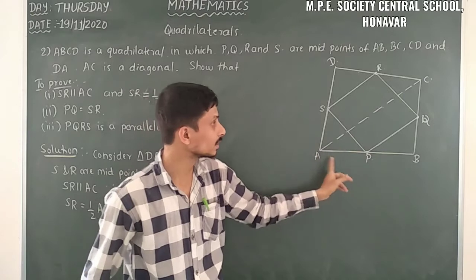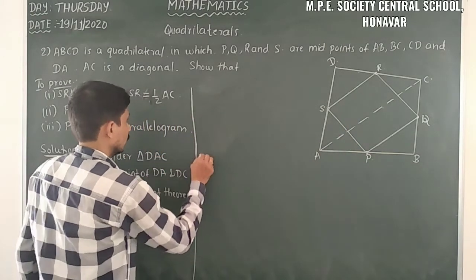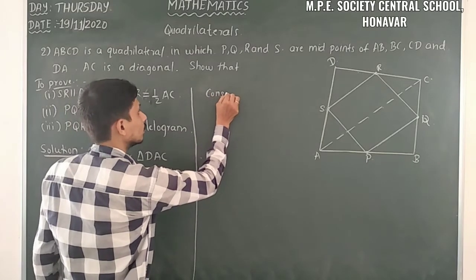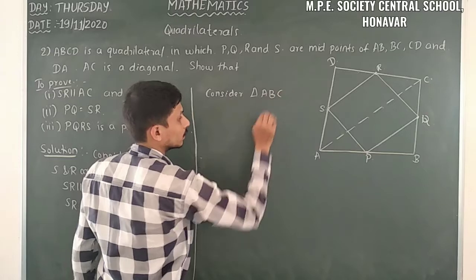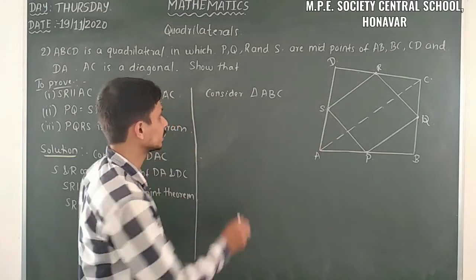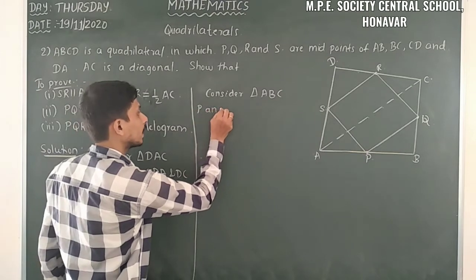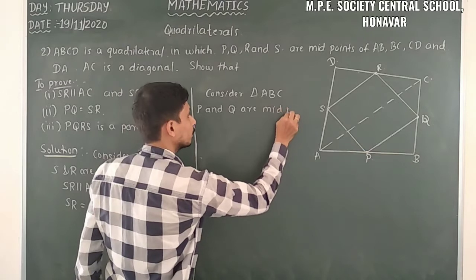Let us consider triangle ABC. Here P and Q are the midpoints of AB and BC.